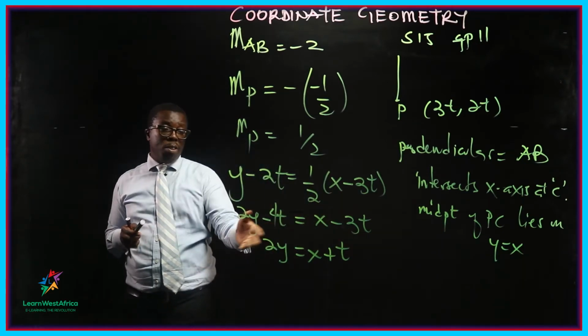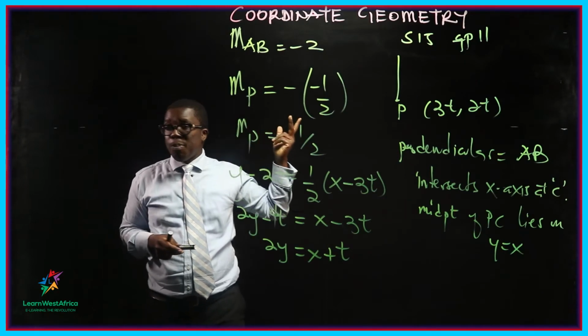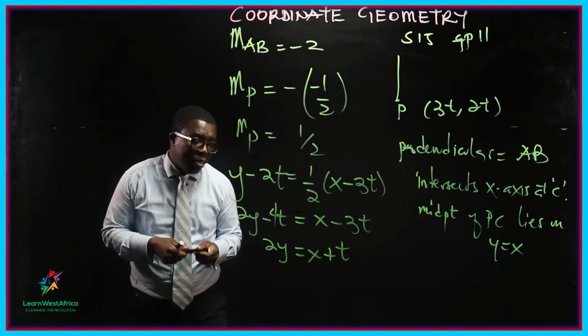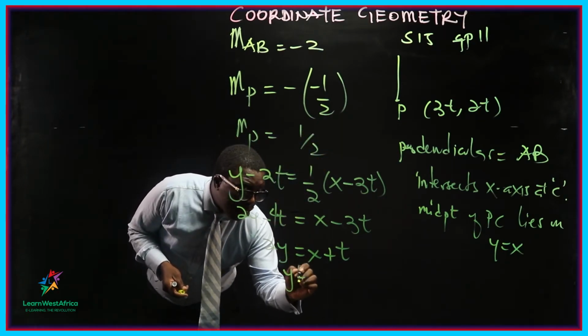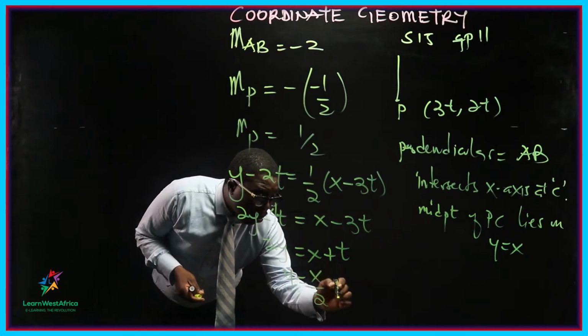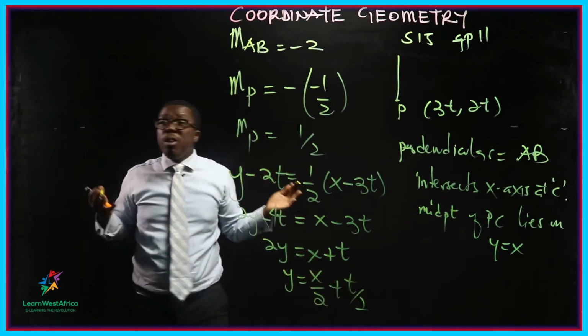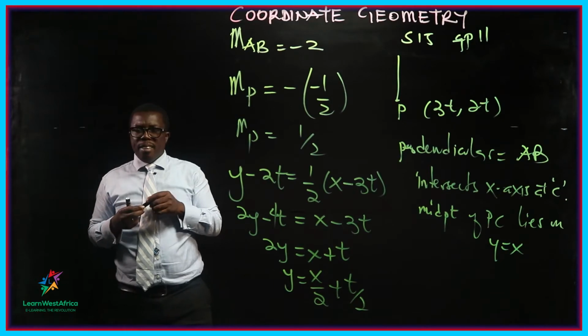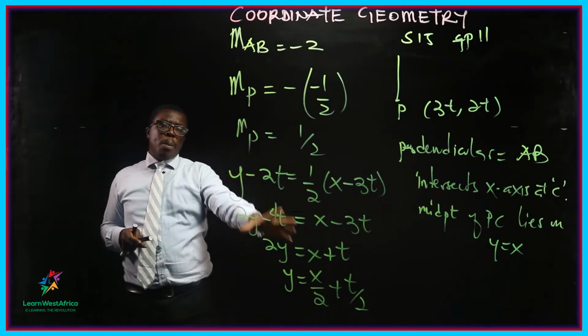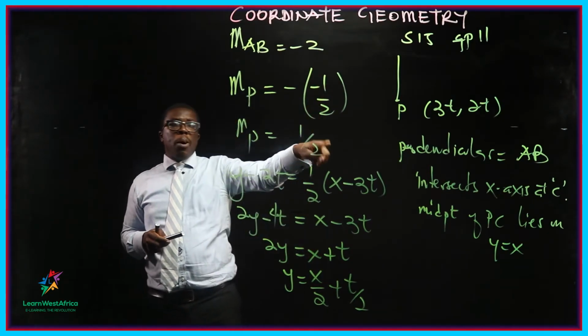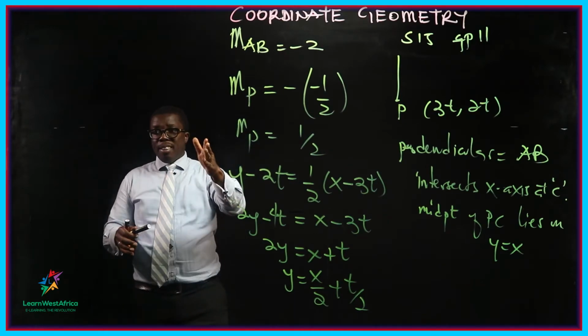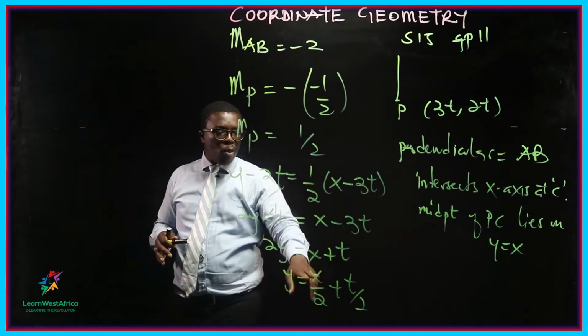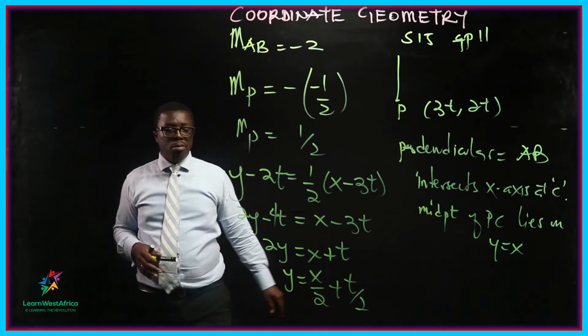You can also choose to leave it in the general form, y is equal to mx plus c. That can give you y is equal to x over 2 plus t over 2. If you want to leave it that way, that's fine. So the equation of the perpendicular that goes to the point P and hits AB is y is equal to x over 2 plus t over 2.